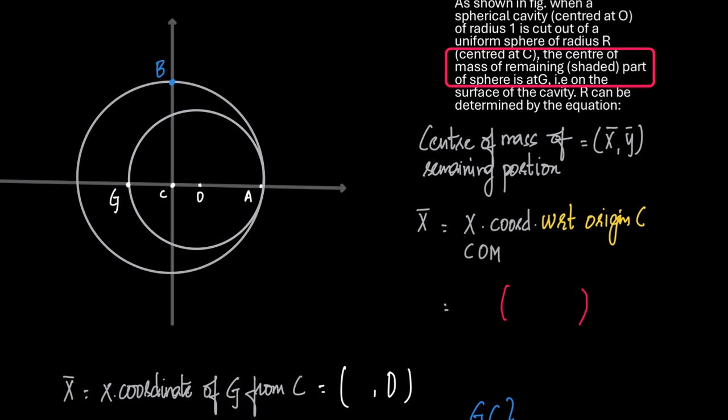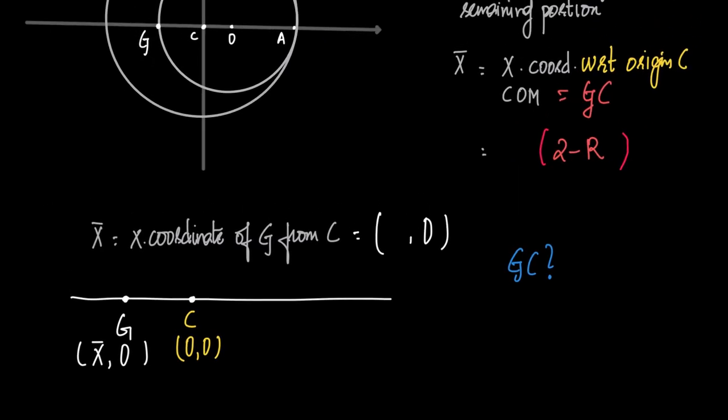So x bar is the x coordinate of G from C, and therefore this actually refers to the length GC. That length is 2 minus r, right? And we know what y bar would be. Y bar would be equal to 0.